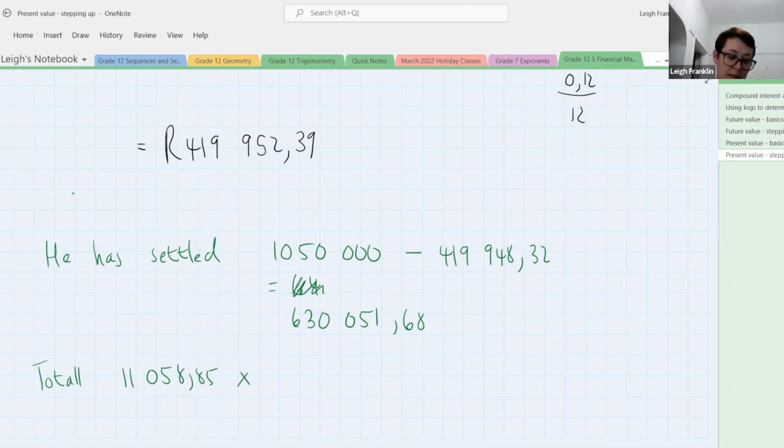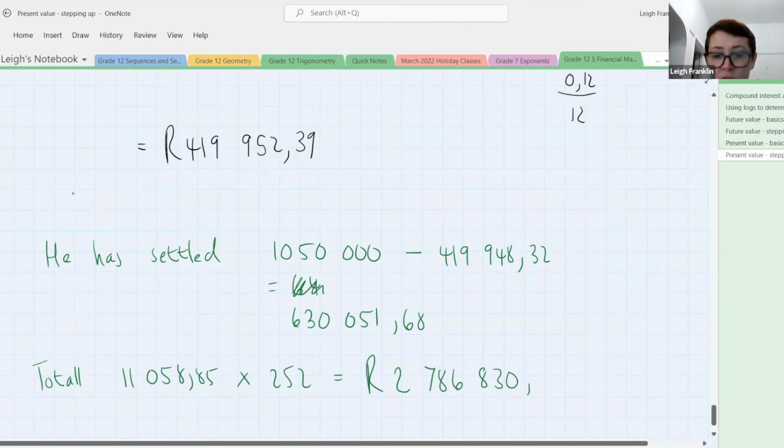So that means he has made 12 times 21, he has made 252 payments of that in this period of time. Which means he's actually paid back, look at this, guys, a whopping 2,786,830 rand and 20 cents.